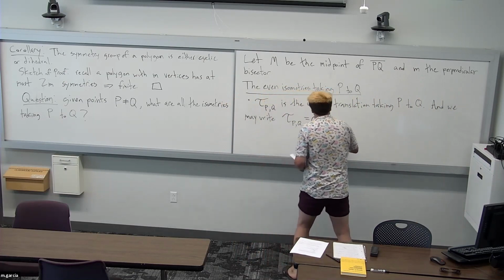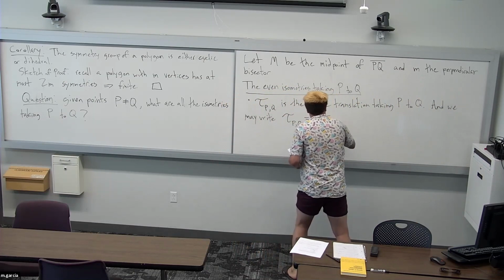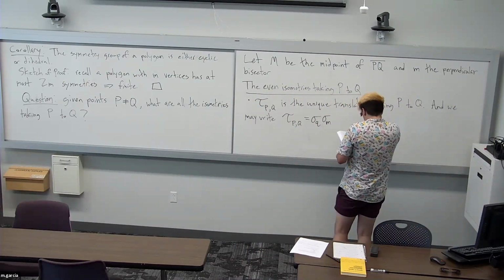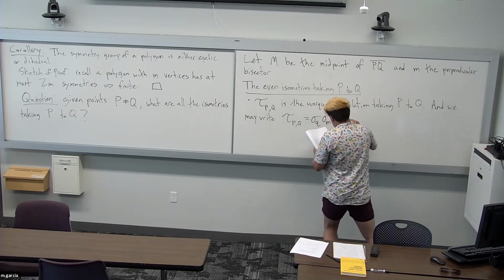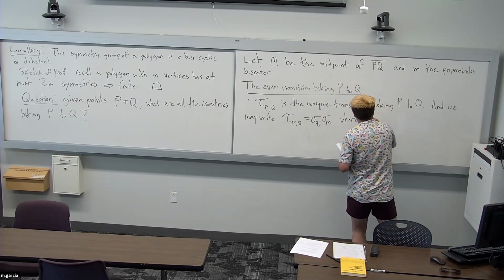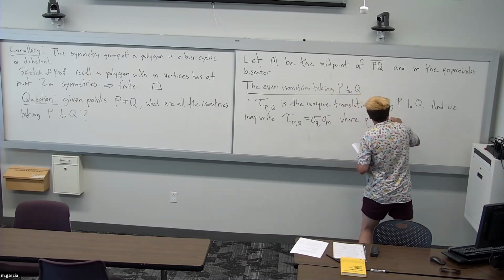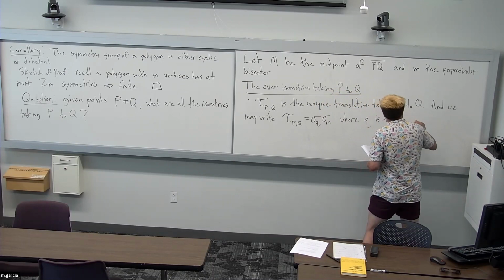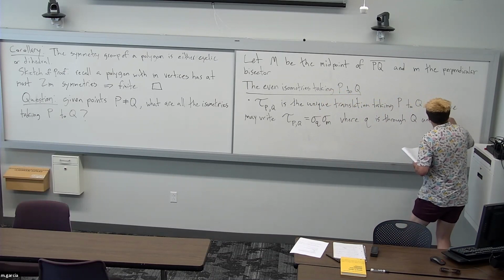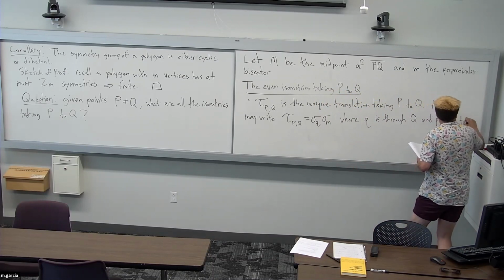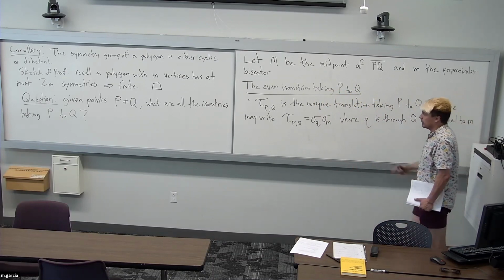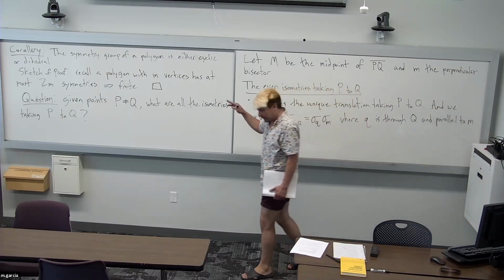This is equal to reflection in some line q times reflection in some line m, where line q is through point Q and parallel to m. This is something we've seen time and again, where we have a translation.